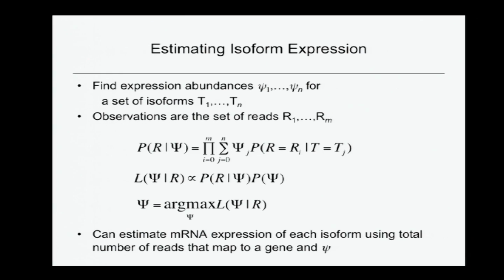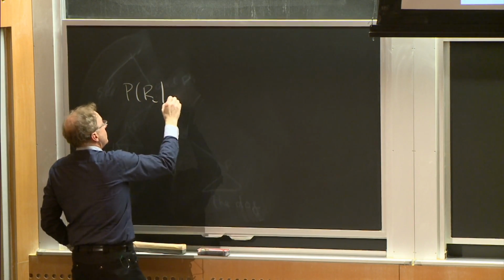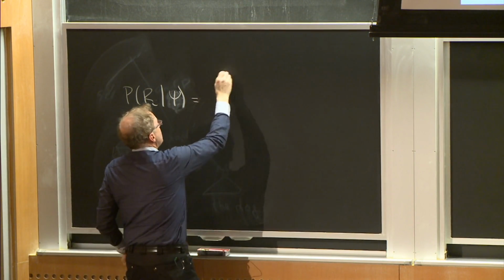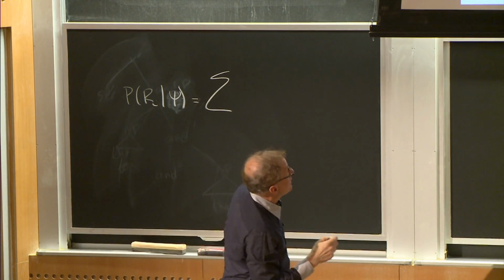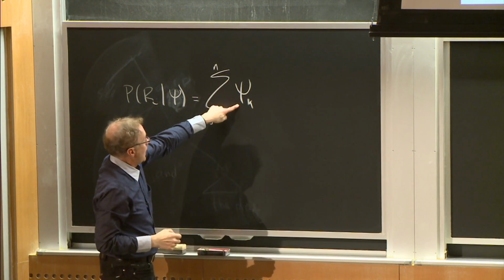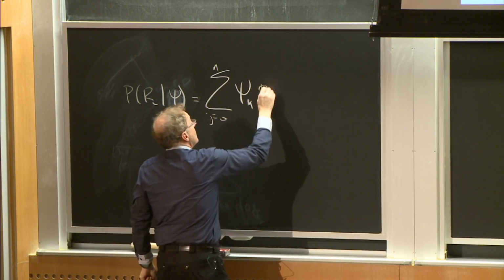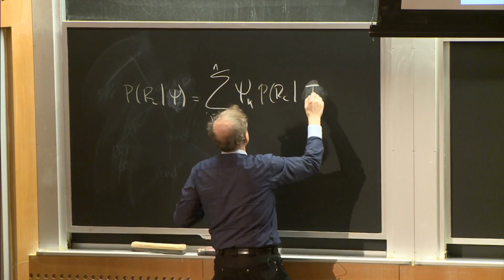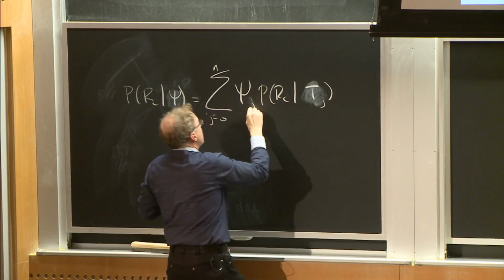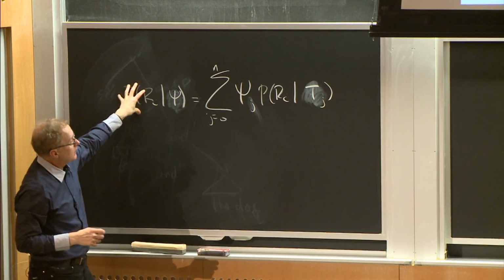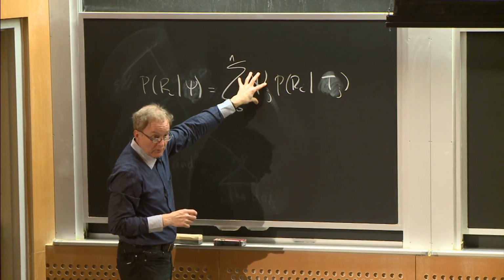And the essential idea here is that if we want to compute the probability of a read given the mixture of isoforms, that's simply going to be the estimated concentration of that isoform times the probability of the read is seen in that isoform.